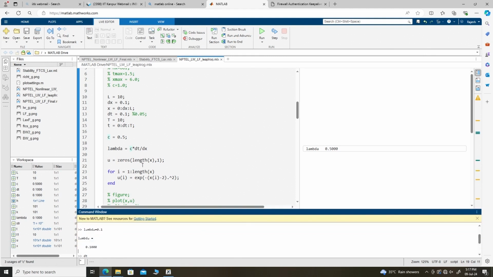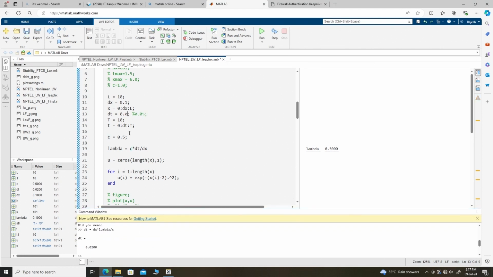So dt will become dx into lambda by c, that is 0.02. Let us use the value of 0.02, and then just run it.